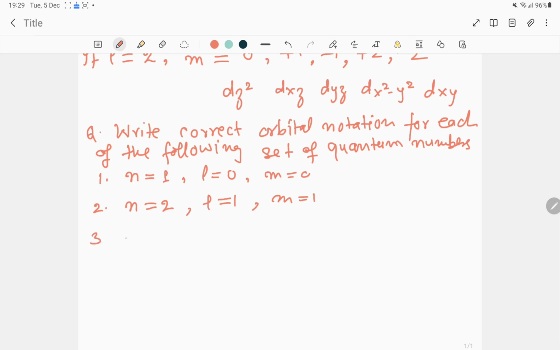Third set, n is equal to 3, l is equal to 2, and m is equal to minus 1.